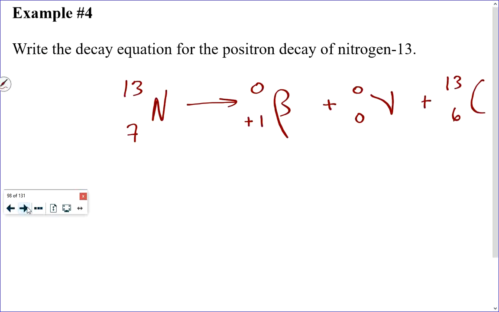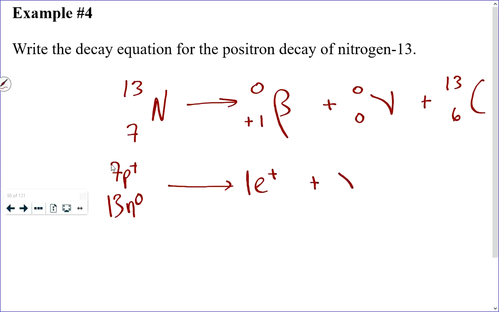So what do we have to begin with? We have 7 protons. We have 13 neutrons. This changes into a, well, there's a lot of ways to write this. I'm going to write it this way, which is a little bit odd, isn't it? Because we're used to that E being electron, but I'm just going to put a positive there because it's a positive electron.